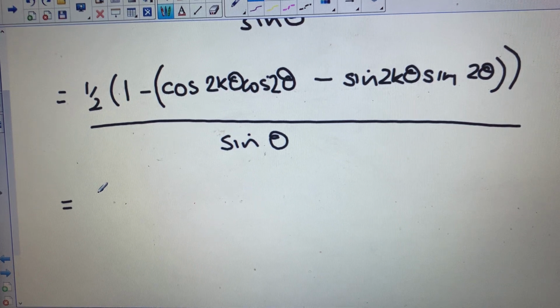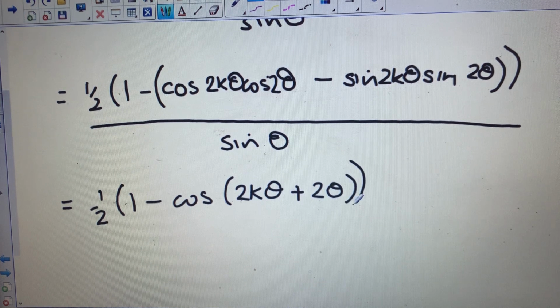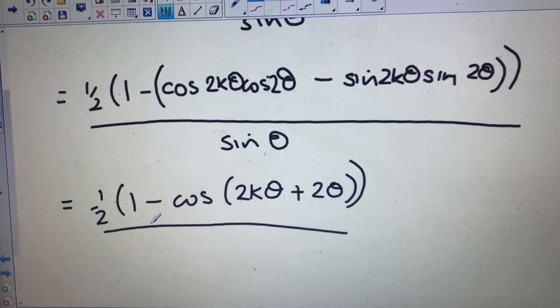So we've got a half, 1 minus cos 2k theta plus 2 theta, all over sine theta. And what I'm now going to do, I'm going to write a bit smaller.